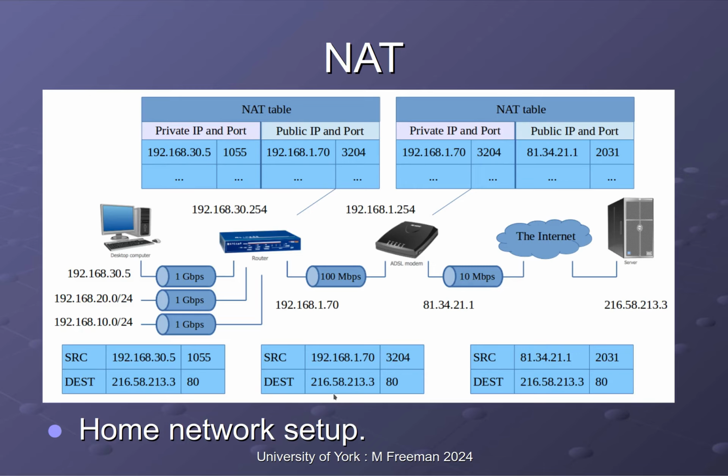So again, your PC will look at the destination IP address. It goes, oh, I can't find that on my local network, so I'll send it to the default gateway. And the default gateway, obviously, is the ADSL modem. So it will receive that, and it knows that it can't put out that packet onto the internet because it's got a 192.168 IP address. So it knows it has to replace that with its publicly visible IP address. So it maintains this NAT table.